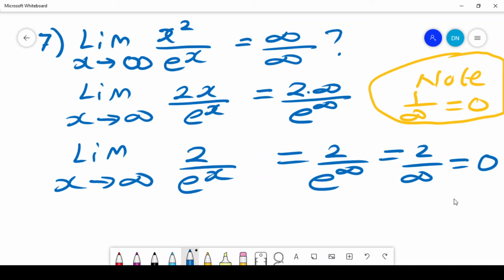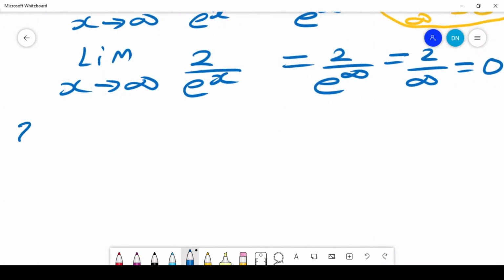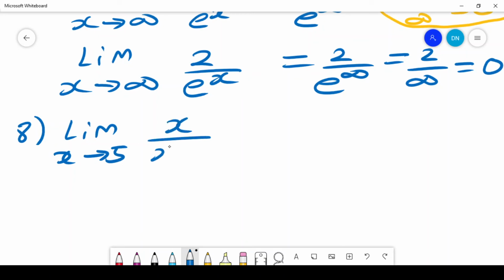What about if you have other problems like, for example, this? If I said let's get the limit as x tends to 5 of x over x minus 5. Now, if we substitute, we'll get 5 over 0, which is undefined.